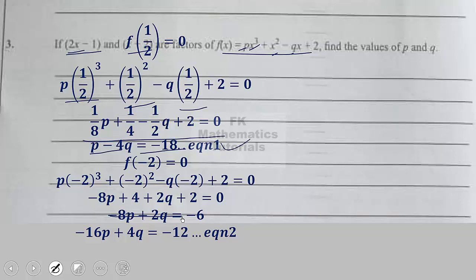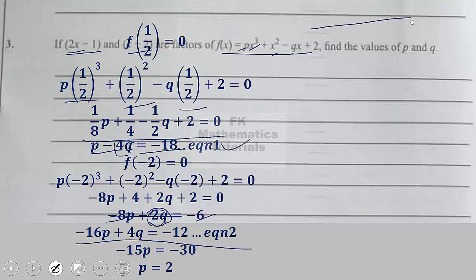So since this is negative 4q here, I'll multiply this, and for that matter the whole equation, by 2. And that will give us this equation, as you can see. So by adding the two equations, we eliminate q, and we have negative 15p equal negative 30. And that will give us p to be 2.